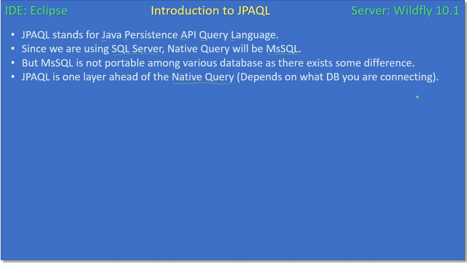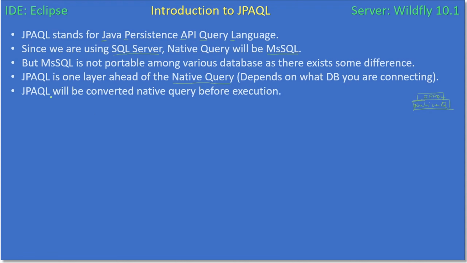This will be the JPA-QL, and the underlying one is the native query, which can be SQL Server or Oracle. So on top of a native query, there will be a JPA-QL.